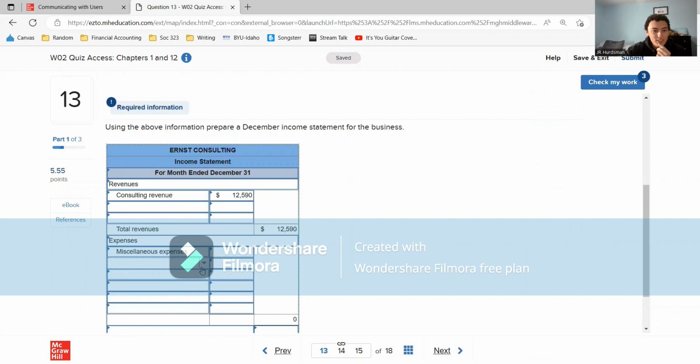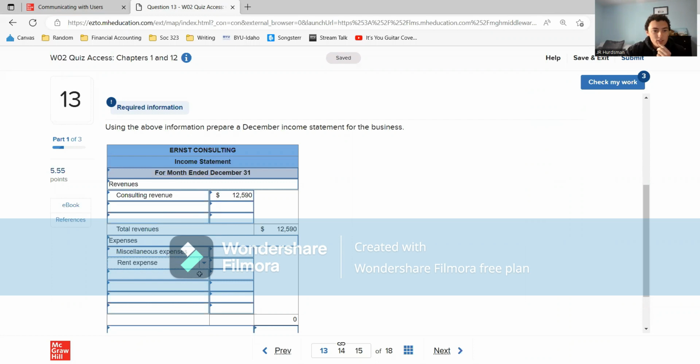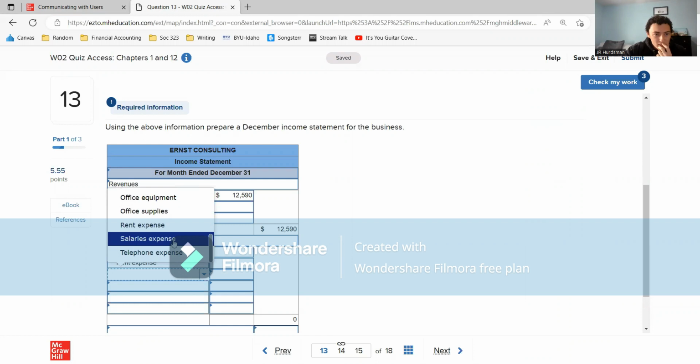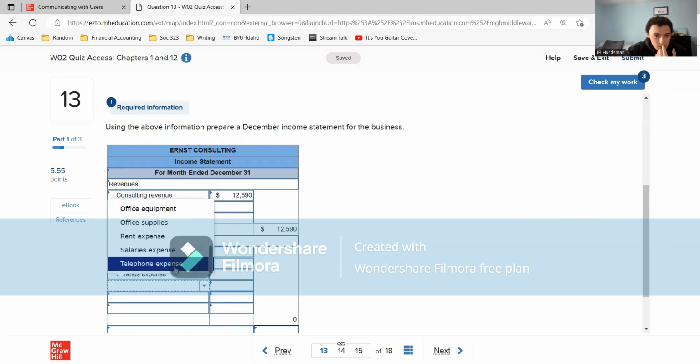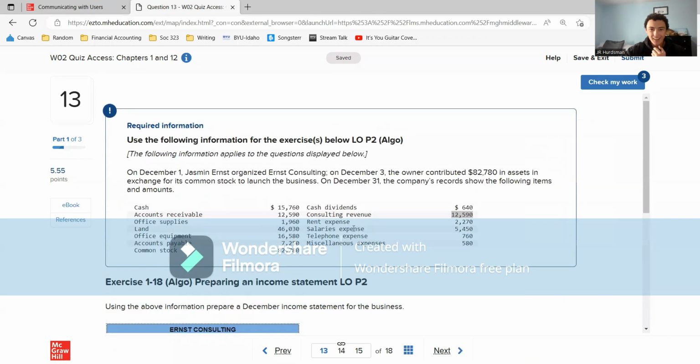Boom, miscellaneous. The next one down is rent expense, and underneath rent expense is salary expense. Then telephone expense. All right, I think that's all of them. I hope so. It looks about right. Yeah: rent expense, salary expense, telephone expense, miscellaneous expense.